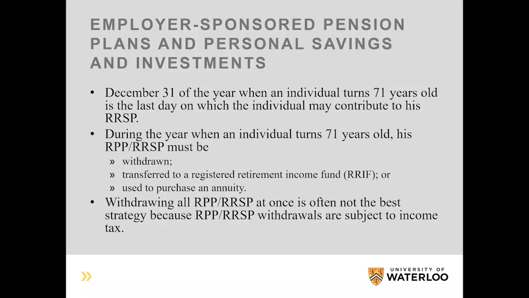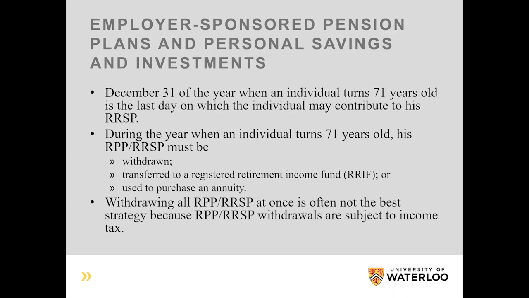December 31st of the year when an individual turns 71 years old is the last day on which the individual may contribute to his RRSP. During the year when an individual turns 71 years old, his RPP and RRSP must be either withdrawn, transferred to a registered retirement income fund, RRIF, or used to purchase an annuity.